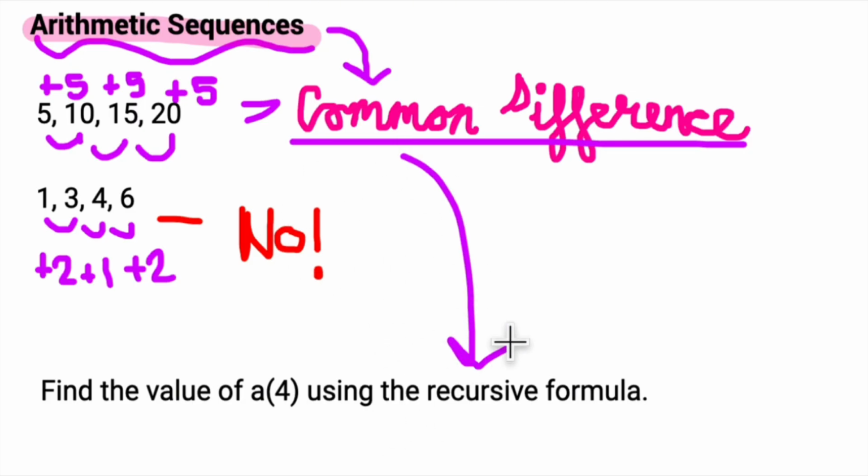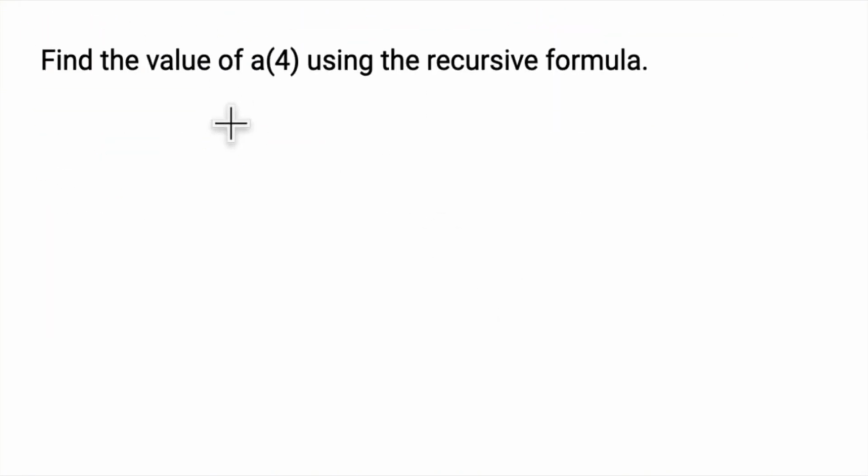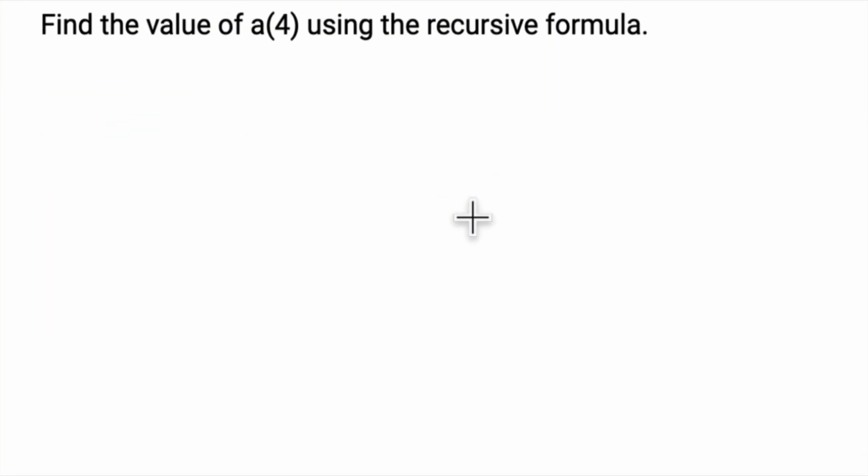So now, let's go on to a different level and use the recursive formula. The recursive formula is going to be used for an arithmetic sequence. I'm going to write the formula: an equals an minus 1 plus d.